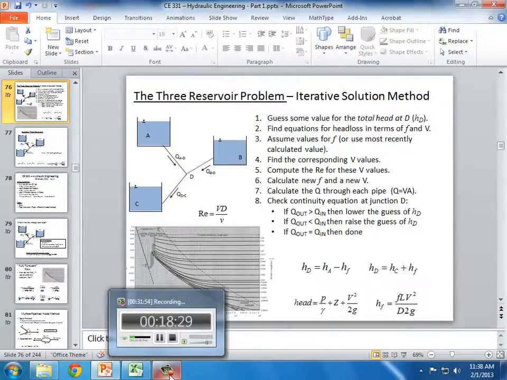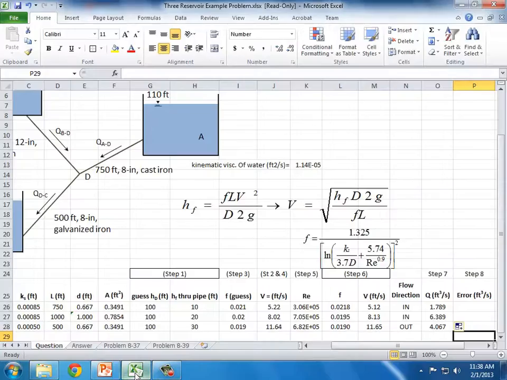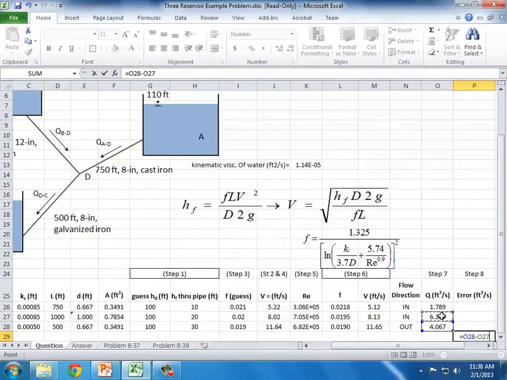And so what I'm going to try and do is, if we have out minus in and it's positive, that means we need to lower the guess. So I'm going to have out minus in equals the out minus both of the ins.